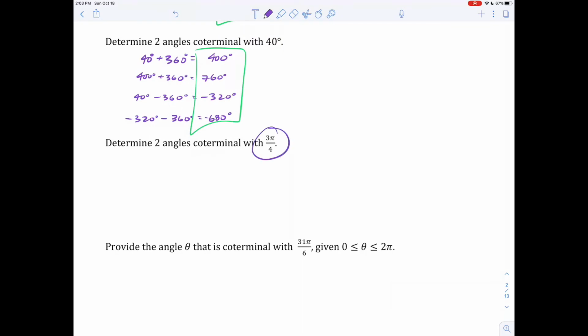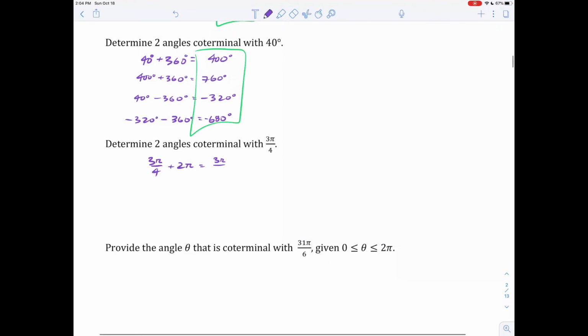Determine two angles coterminal with 3 pi over 4. So 360 degrees is the same as 2 pi. Lock that info in. So I could add 2 pi to this.